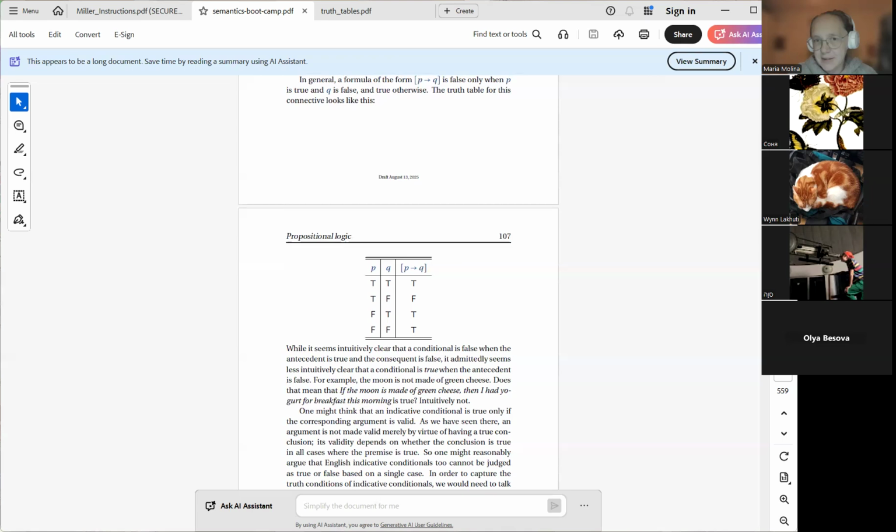Can you see that? If it is sunny, but it's not warm, then the condition, if it's sunny, it's warm, gives us false.